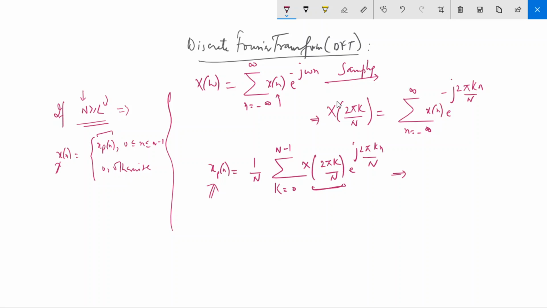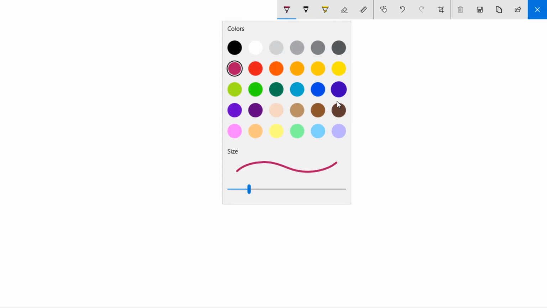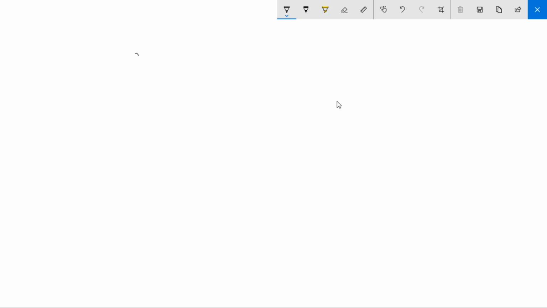Now we will see how you can directly obtain X(omega) from its samples, that is X(2 pi k by N). Means you have a sequence x(n), you have taken its Fourier transform DTFT, it becomes X(omega), then we have taken its samples, it becomes the discrete Fourier transform X(2 pi k by N).